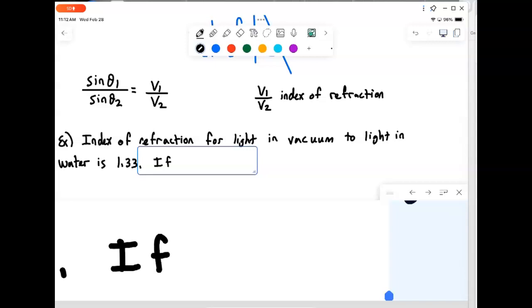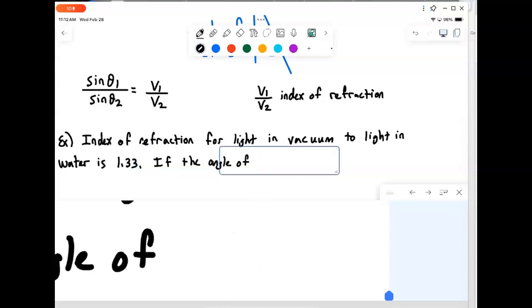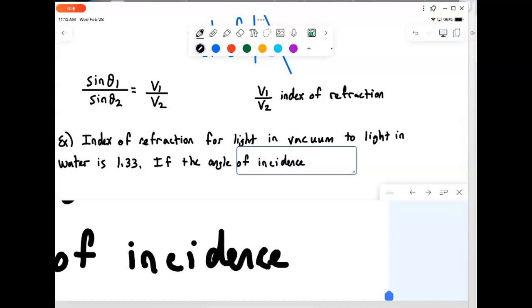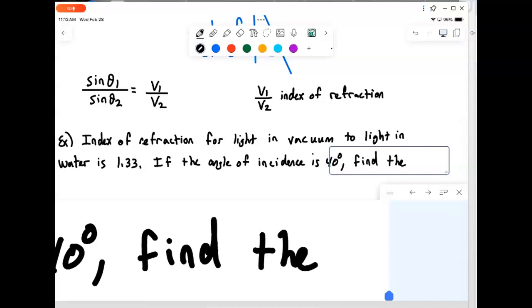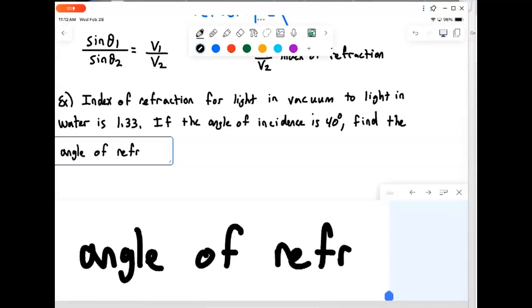So if the angle of incidence is 40 degrees, we want to find the angle of refraction.